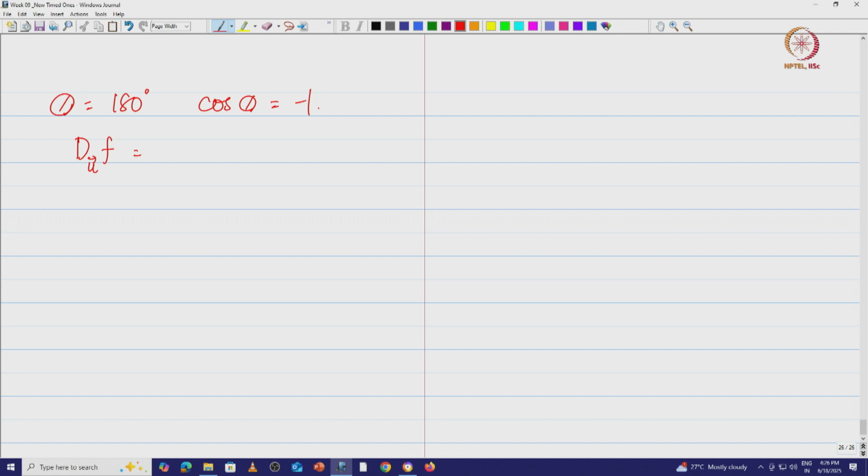So, you are going to get minus the magnitude of the gradient vector evaluated at the point (x naught, y naught), and this is going to be the direction of steepest descent.